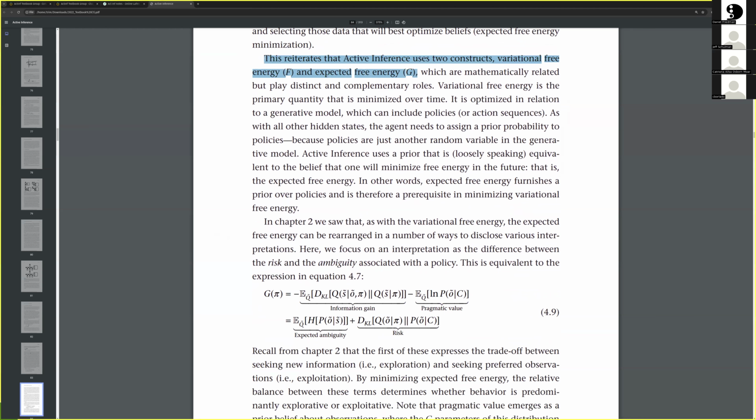Again, revisiting equation 2.5 and 2.6. Variational free energy, F of Q and Y. It's with a belief distribution and a new data point. So it's just a real-time, through time minimization.